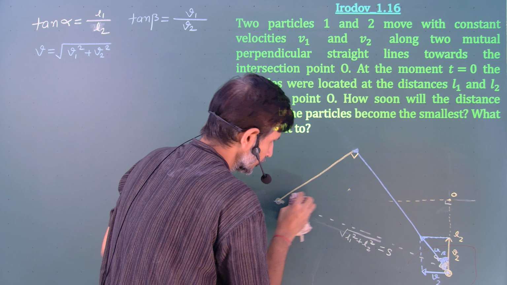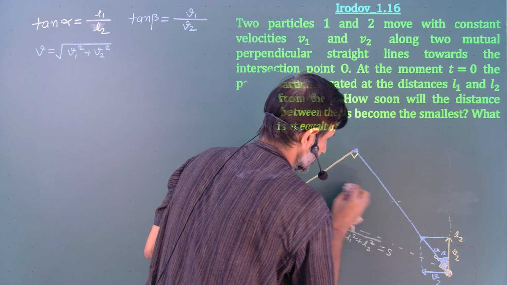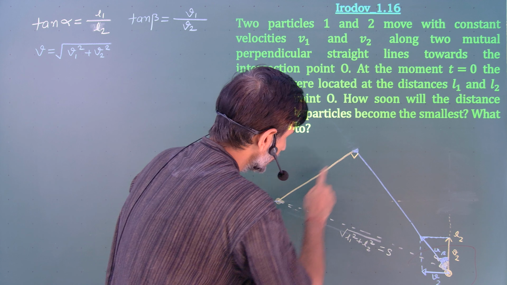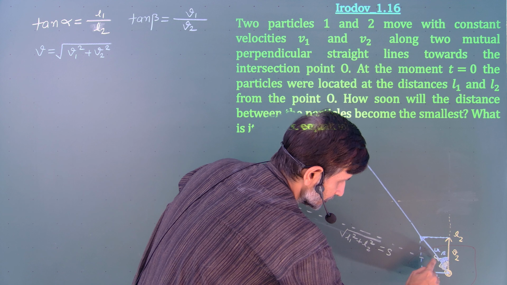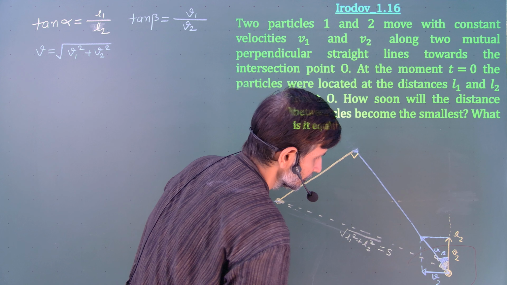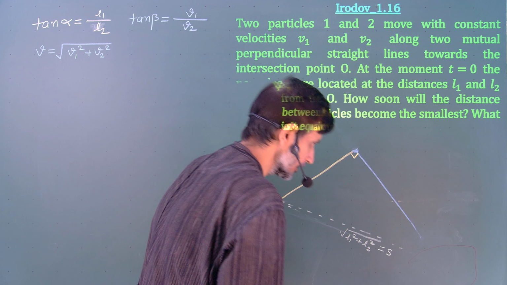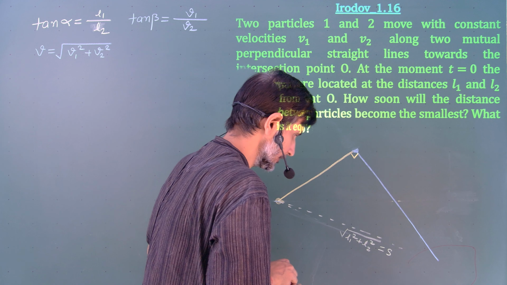Now there is no use of this line, so I rub this part. Now I have to solve only this triangle, but this full angle is alpha and this angle is beta, so this angle is alpha minus beta. So I rub this part also and make this triangle clearly visible.